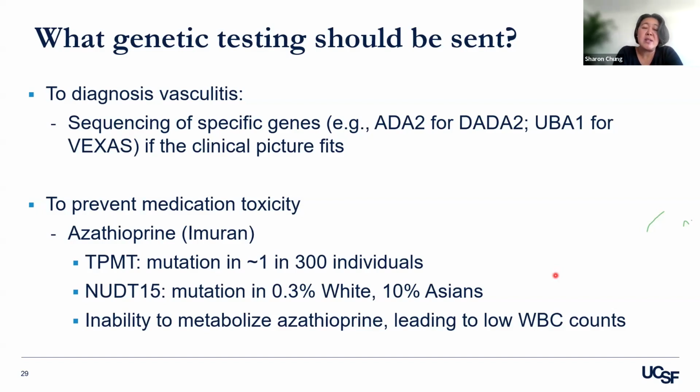And if the azathioprine is not broken down, then it accumulates in the body and can lead to toxicity such as very low white blood cell counts. So if I have a patient that I'm considering starting azathioprine in, I will send off testing for TPMT and NUDT15 to see if they have these mutations, because that influences whether or not I start them on azathioprine, and if I do, the dose that I use for patients.